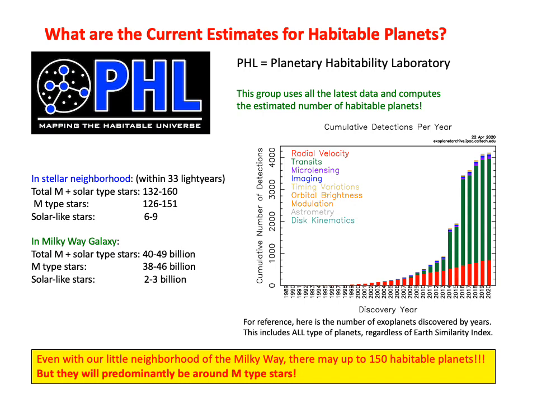One of the studies that has helped us understand that M stars really contribute the most habitable zone volume to the galaxy was conducted by the Planetary Habitability Laboratory, or PHL. When they did this study, they decided to not include all stars in the galaxy, but just those stars that were not members of clusters.